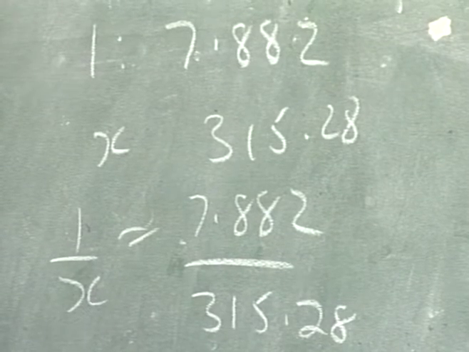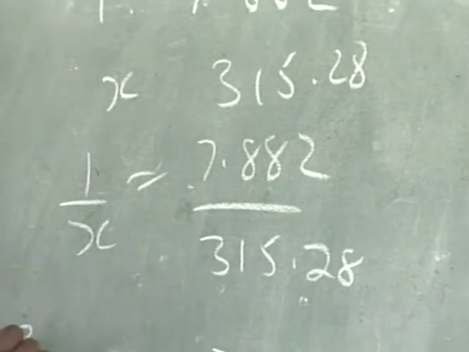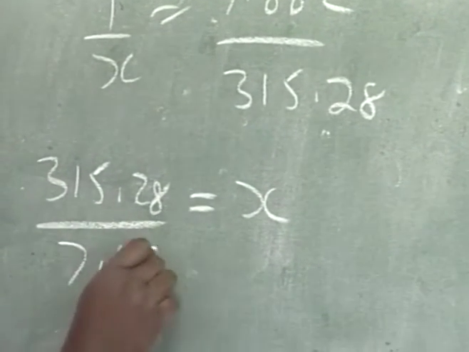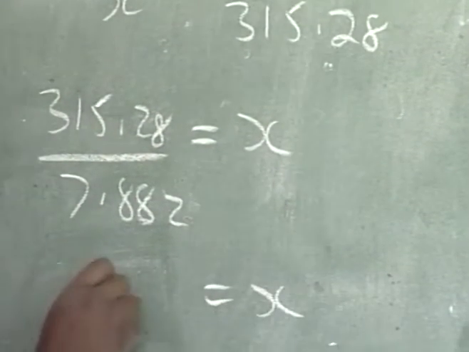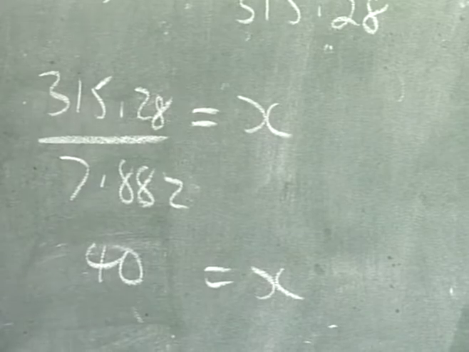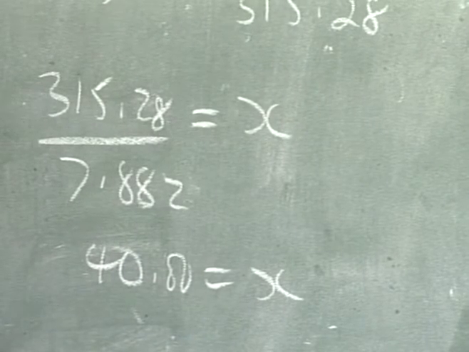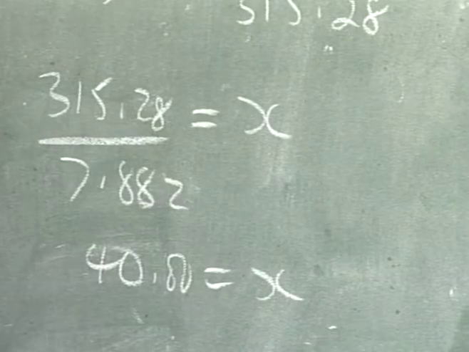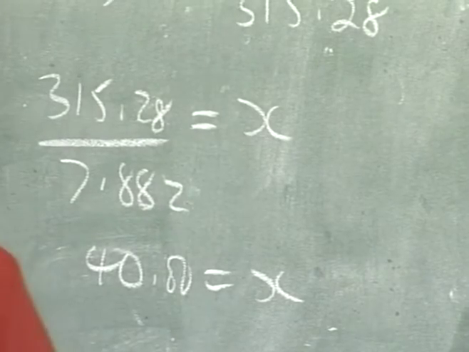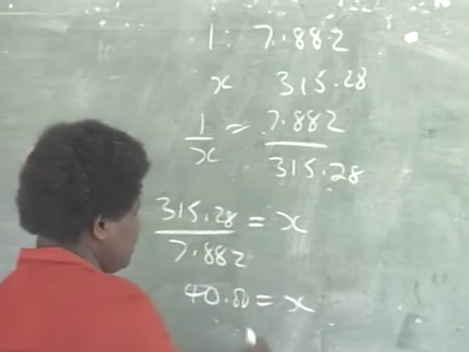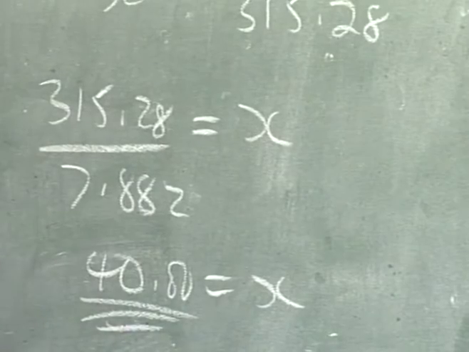And x is going to be 315.28 divided by 7.882, which is 40 kina. And you just subtract 40 kina from 45 kina 50 toya, and that means it's cheaper to buy the watch in Hong Kong by 5 kina 50 toya. Because this is how much it would cost in PNG kina.